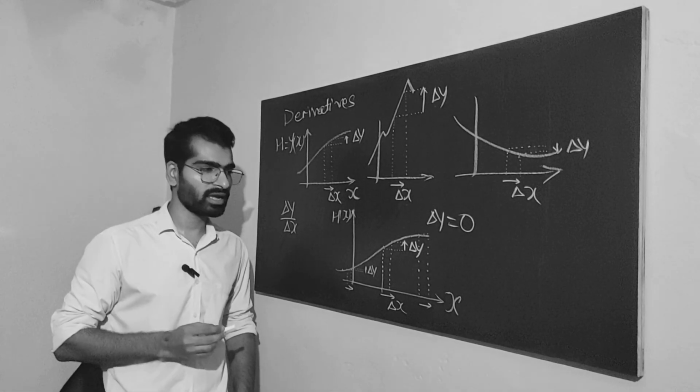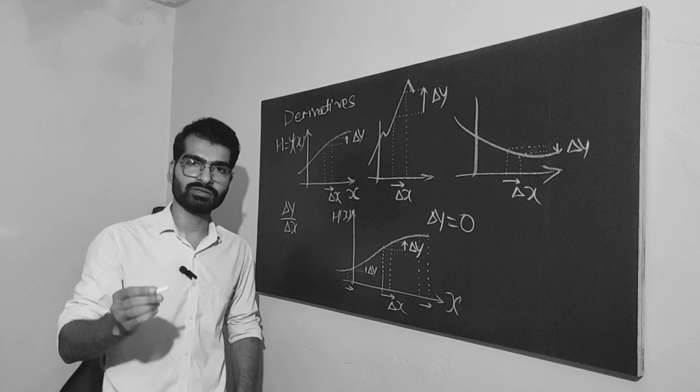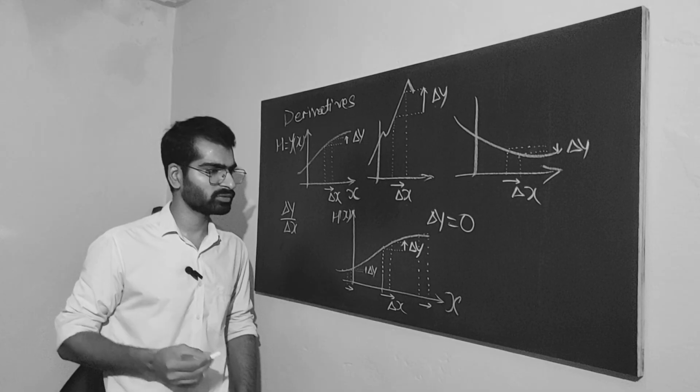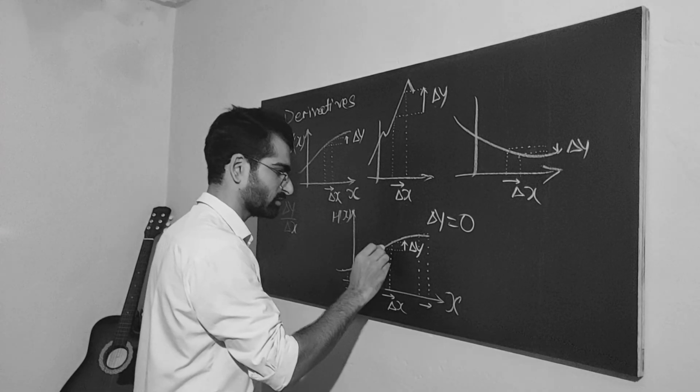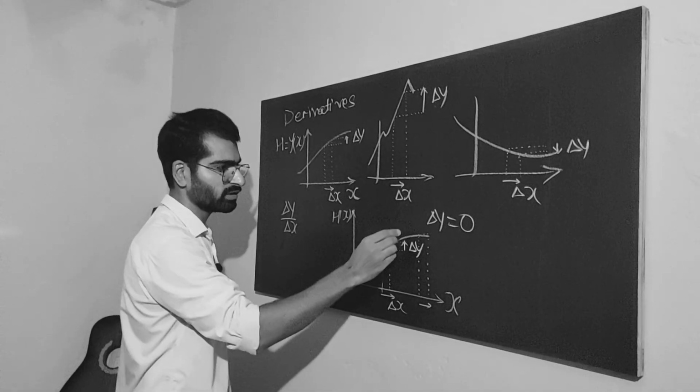And there's one more way we can see where derivatives are going to be large and where they are going to be small. What we do is we pick this starting point and this final point and we join them.